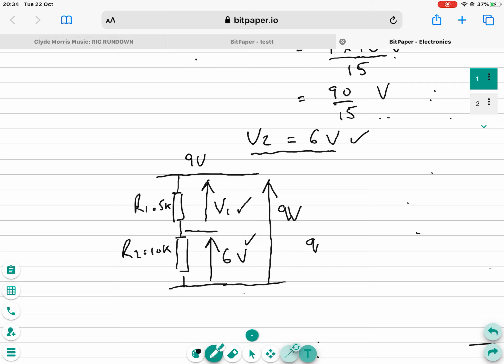Or the other way you can think of it, 9 volts must be equal to 6 plus V1. Once we rearrange that, we can see that V1 must be equal to 9 minus 6, which is 3 volts.